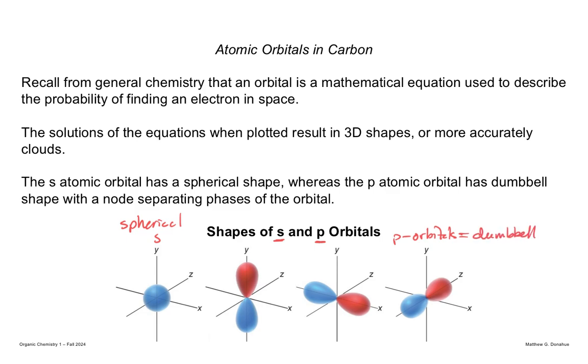And what differentiates them is the axis upon which they lie in 3D. So is y, x, or z reading left to right there. So those are atomic orbitals where the electrons in carbon reside.